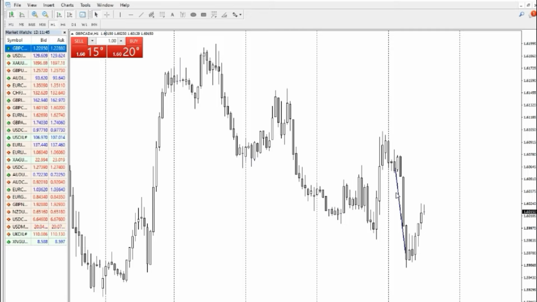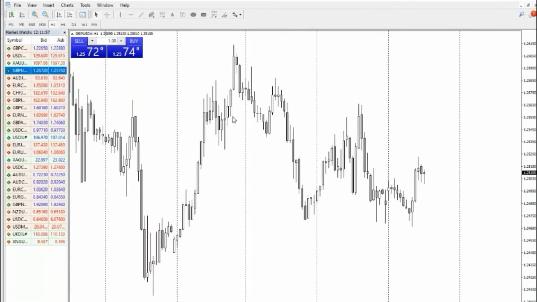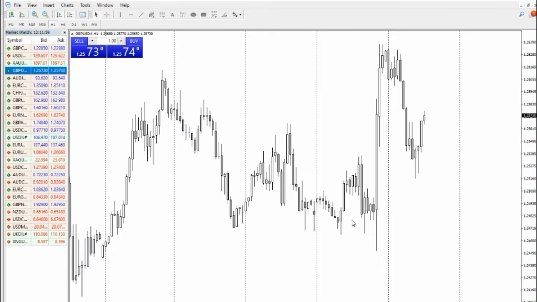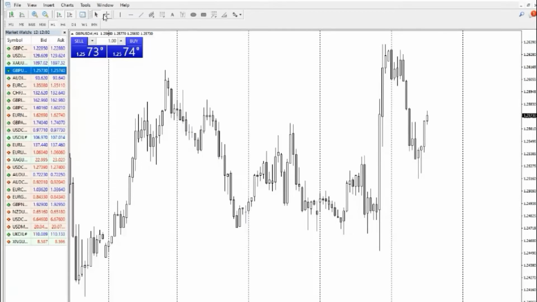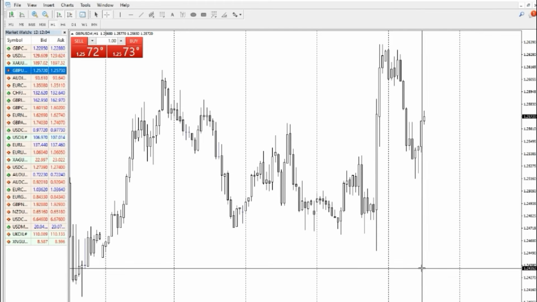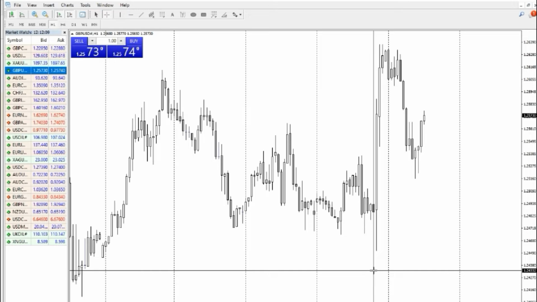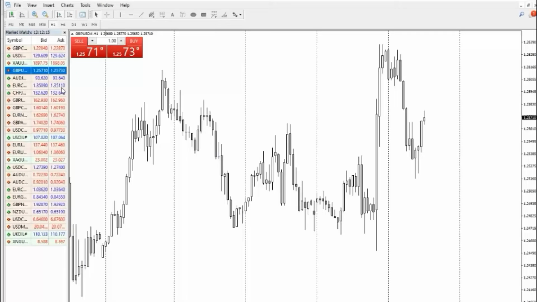And at the same time, we talked about GBP USD. We had two scenarios on GBP USD yesterday, if you remember, where we were looking for a breakout of structure around here.